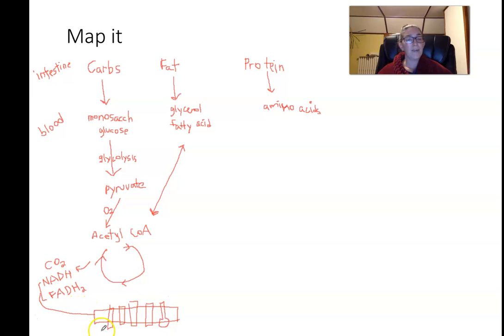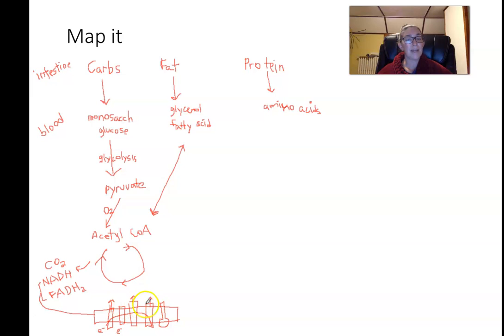All right, they drop off electrons, so NADH drops off electrons at complex 1, and FADH2 drops off electrons at complex 2. And these electrons flow through complexes 1 through 4. All right, and they generate electricity, and the electricity is used to pump protons into this intermembrane space.